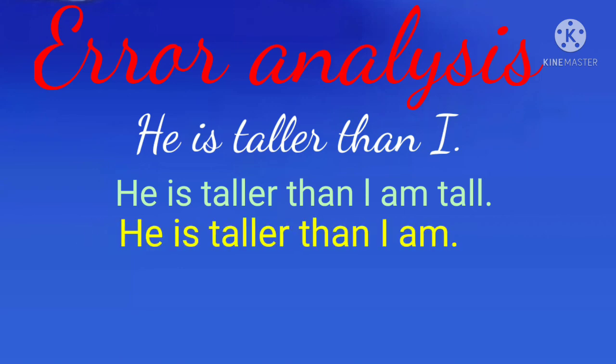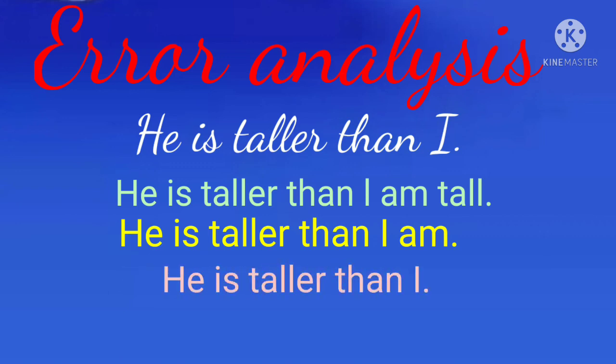Gradually, the last word, tall, was dropped and it became, he is taller than I am. Again, with the passage of time, the word am was also deleted. Then it became, he is taller than I, and that was the way the native speakers used to say that sentence. But now, no native speaker says so.